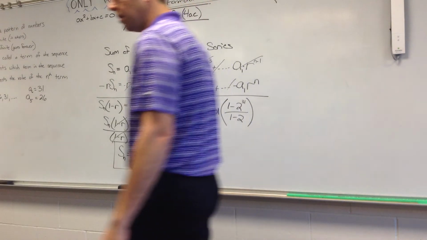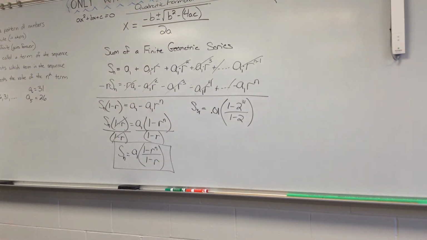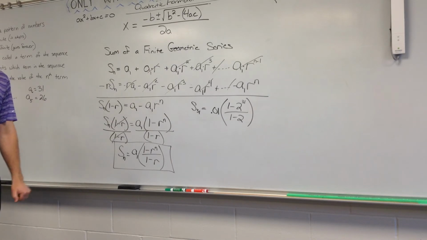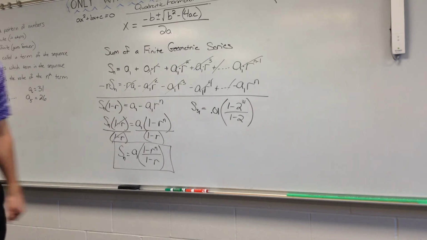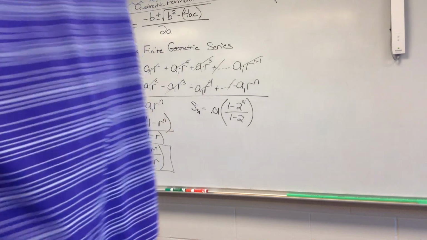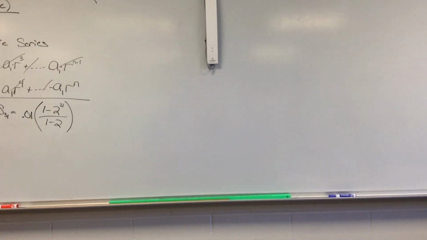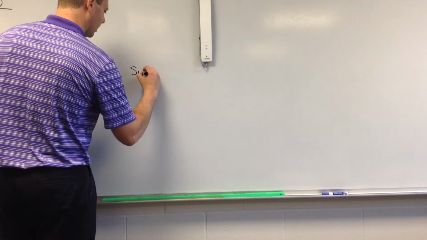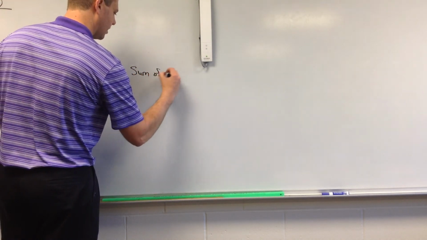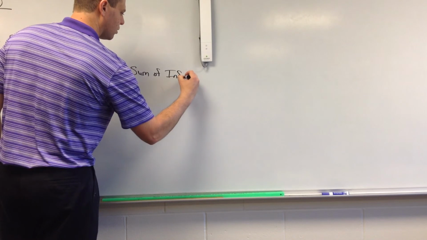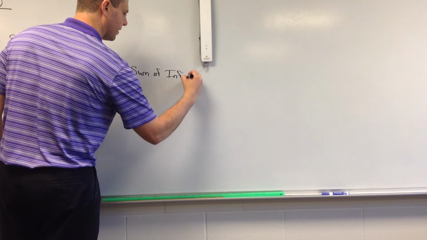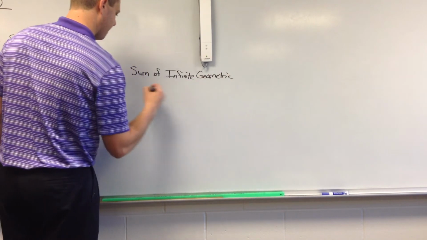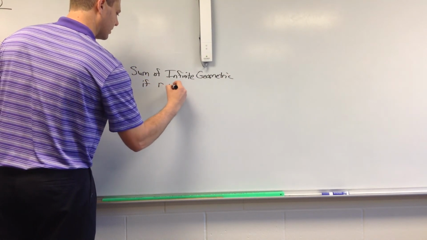So there's the sum of a finite geometric series. And one last thing. I'll explain why in a minute, but I just want to put this on the same video. You can add together the sum of an infinite geometric series if the ratio is less than 1.